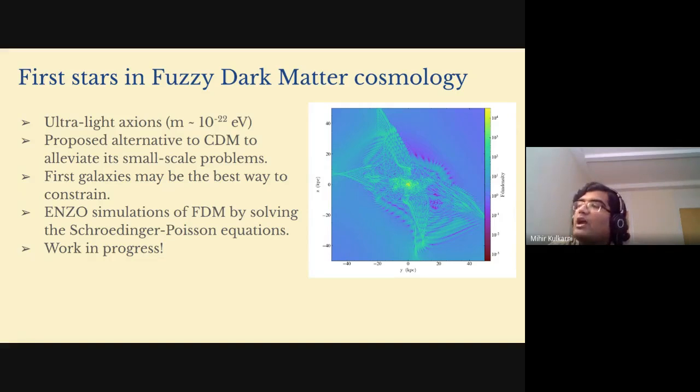So it may be helpful to identify when and where population 3 stars form using the properties of the dark matter distribution, because it's a lot computationally cheaper to do dark matter only simulations, and they trace the structure formation very well in the universe, as dark matter is the main component of the matter in the universe.